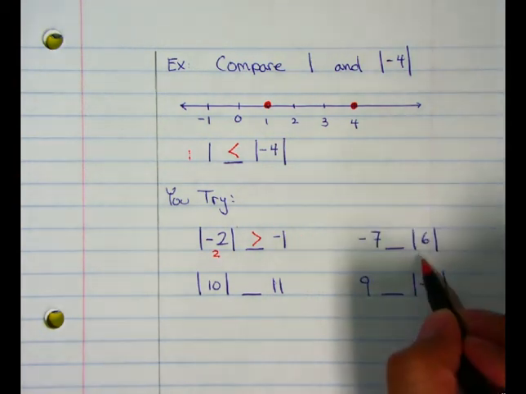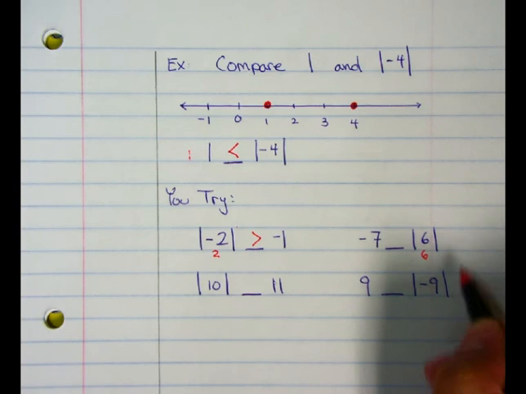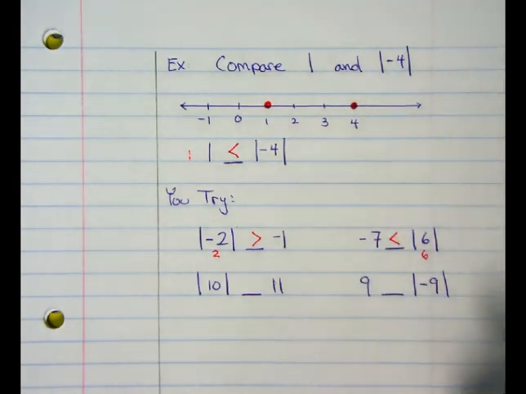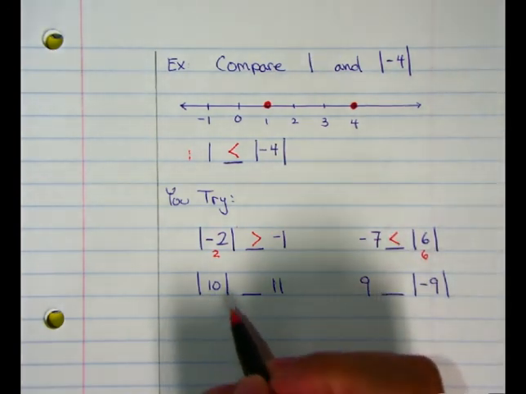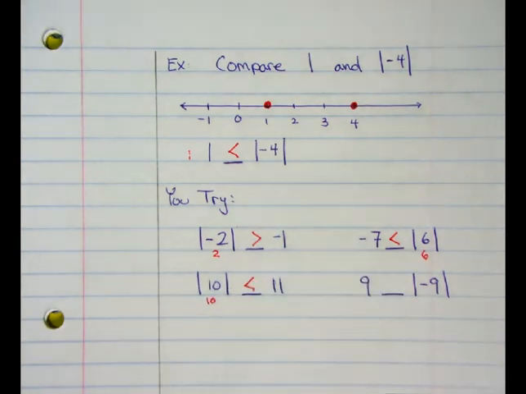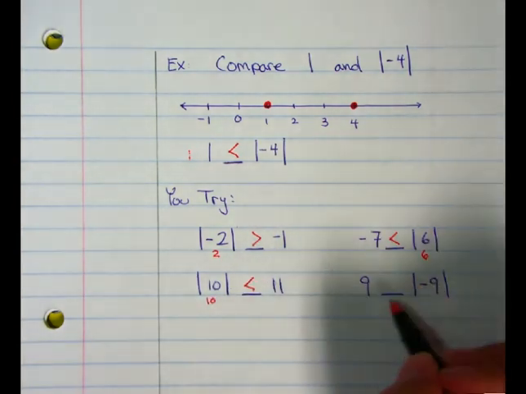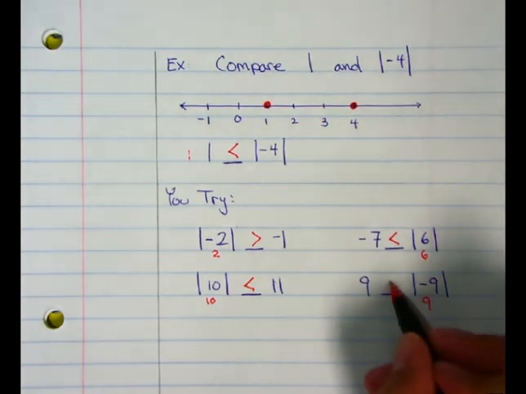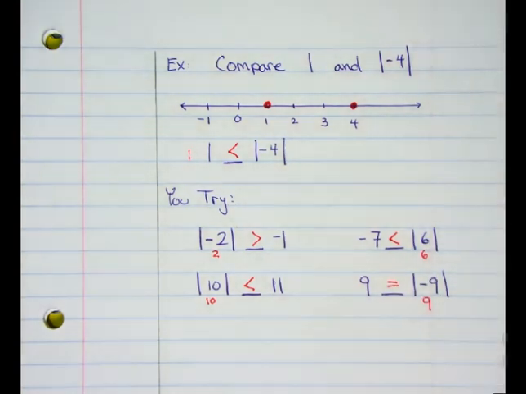The absolute value of 6 is just 6. So -7 is definitely less than 6. The absolute value of 10 is just 10, and 10 is less than 11. Last one, 9 versus the absolute value of -9. The absolute value of -9 is just a positive 9, and therefore these two values are equal.